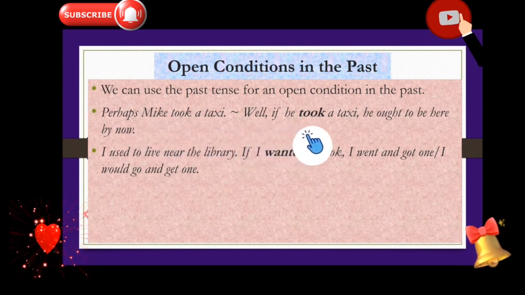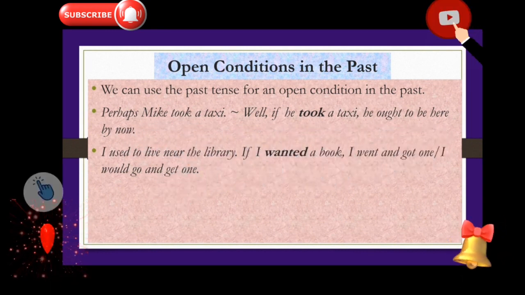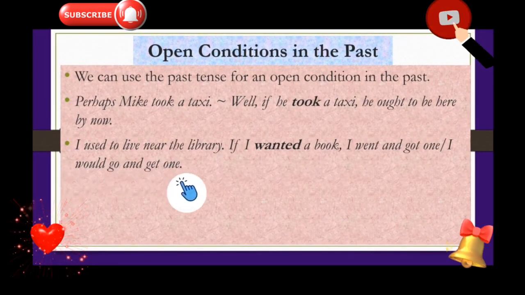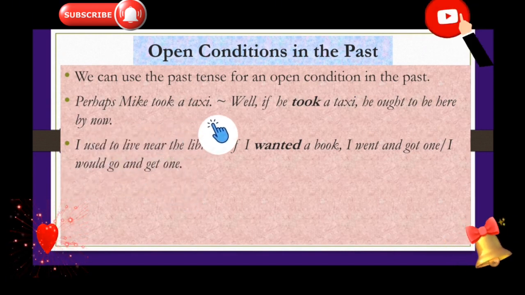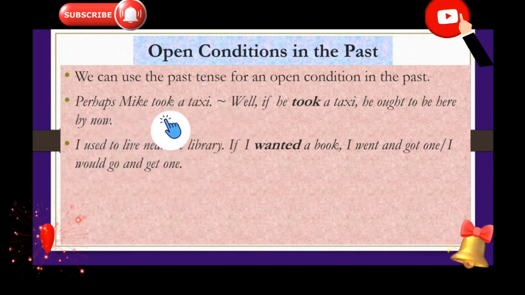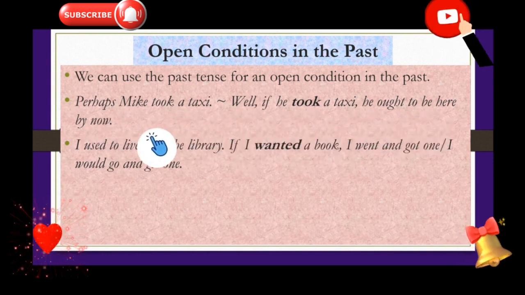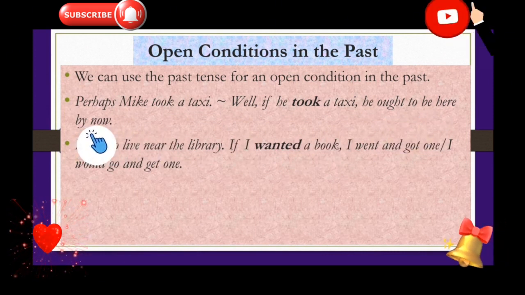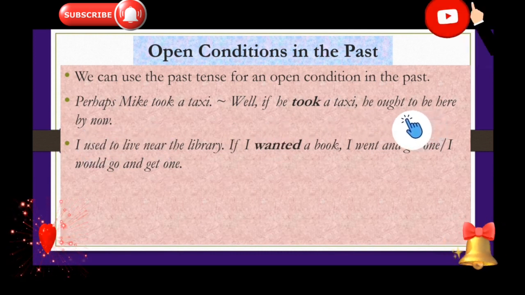Well, if he took a taxi, he ought to be here by now. Now you can see that we are using open condition in the past, that Mike took a taxi. Now we are using past tense, but still it is open because it is possible in the present.